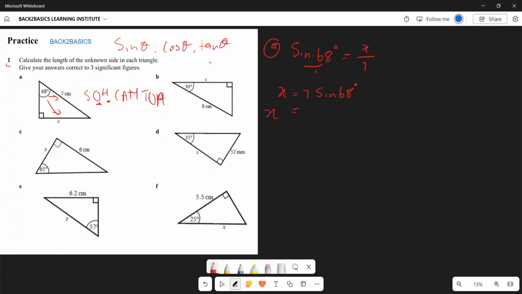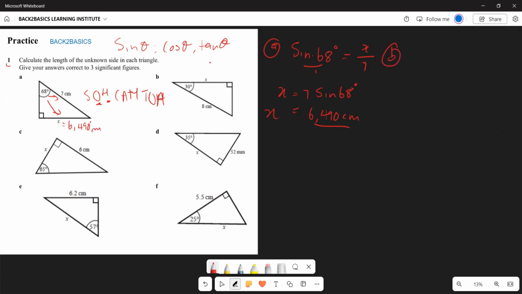This is 7 sine of 68 degrees, which means the length of your x is 6.490 centimeters. So that is your unknown x here, 6.490 centimeters.